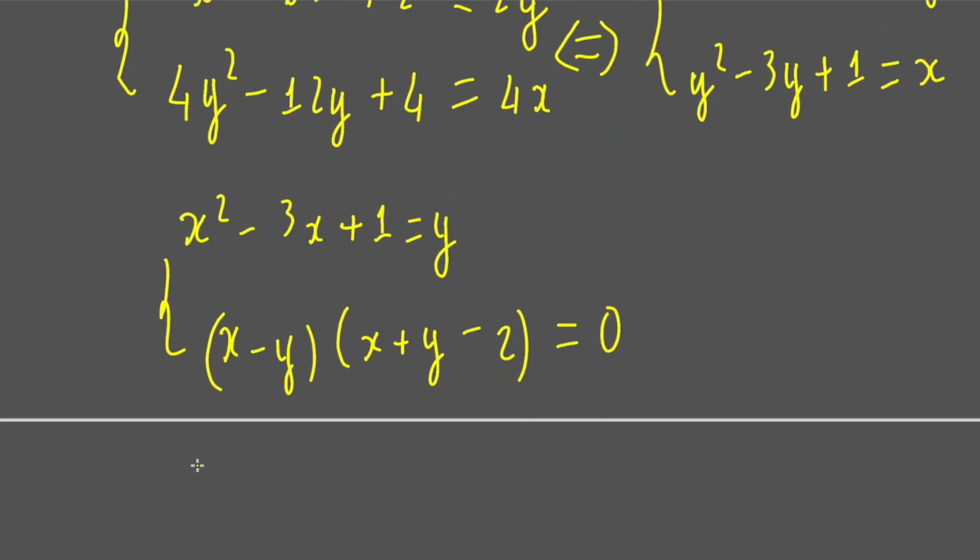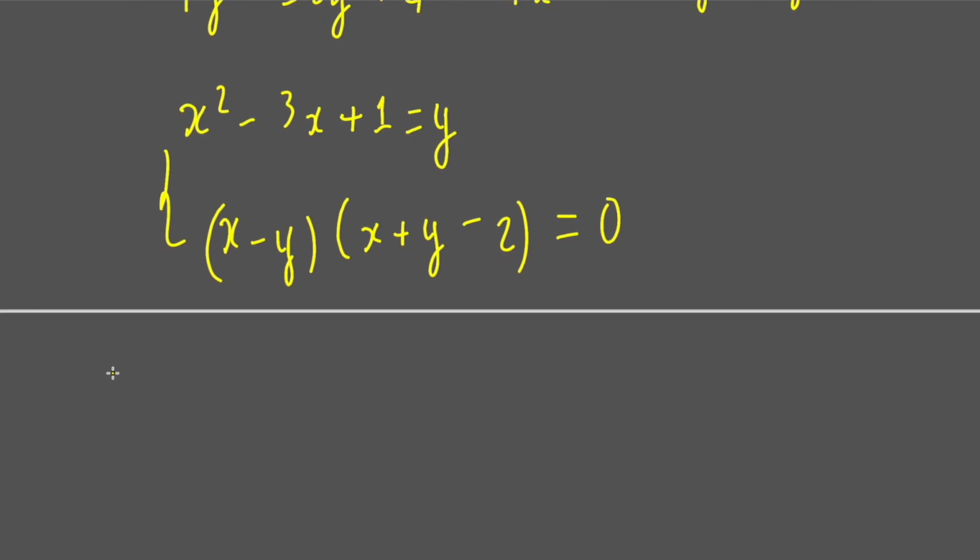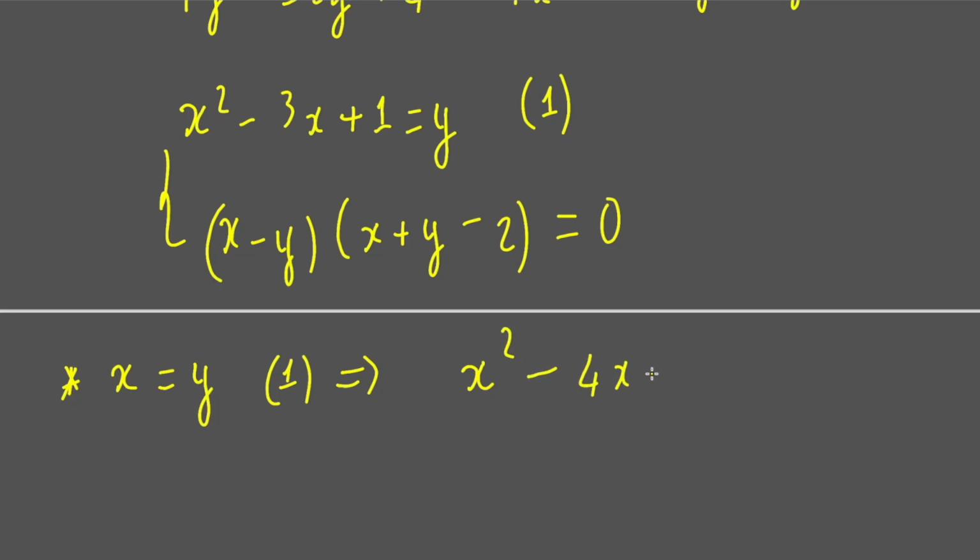Then we have two cases here. The first is x equal to y, and replace it back into the first equation. This would give x squared minus 4x plus 1 equal to 0.